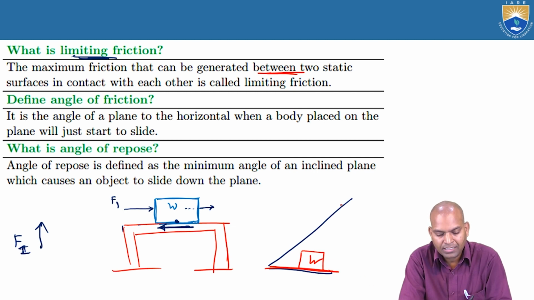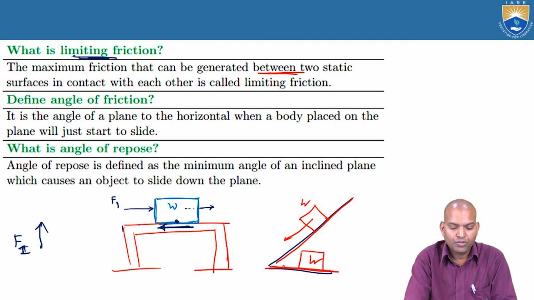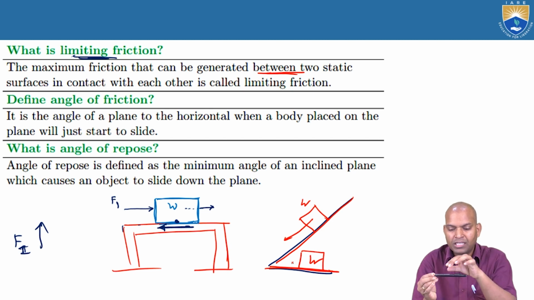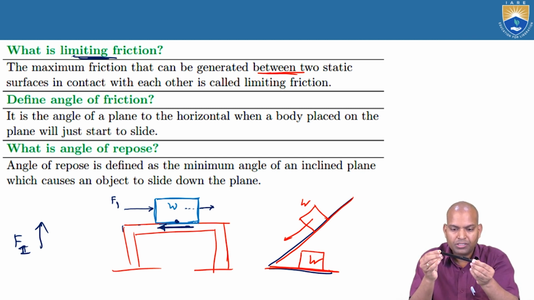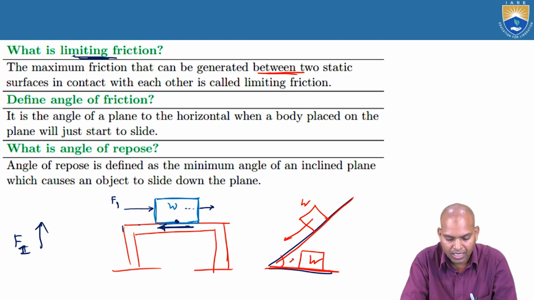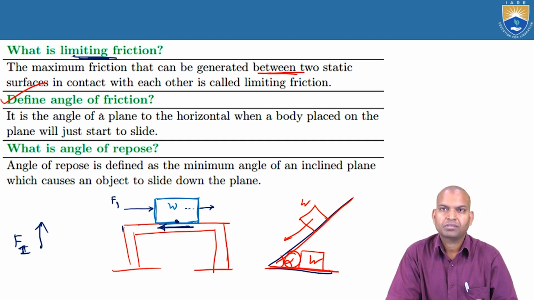When you slowly change the angle, the body is going to slide down. The angle of the plane at which the body starts sliding down is known as the angle of friction.